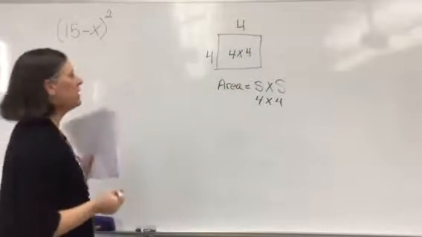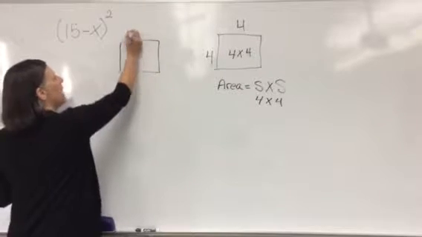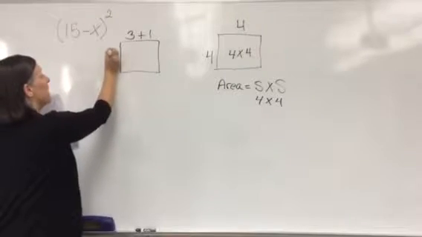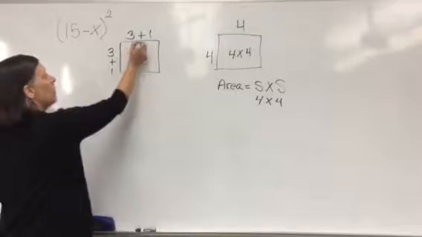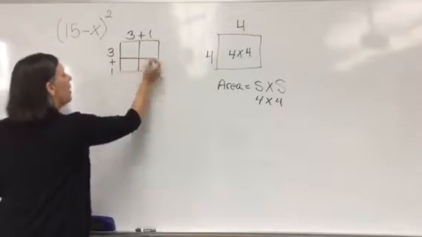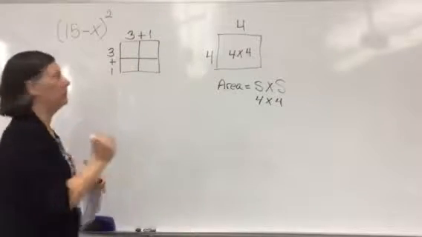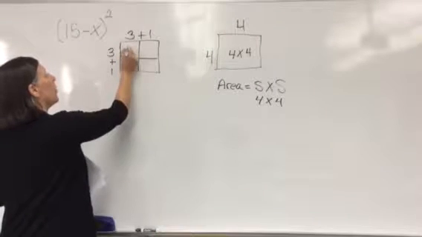Let's look at it a little bit differently. Say we have the same square, but now we're saying we have 3 plus 1, which means this side would be 3 plus 1 also. It's still the same square, but now we're going to divide it into 4 regions. This region has a length of 3 times a width of 3, or 9.